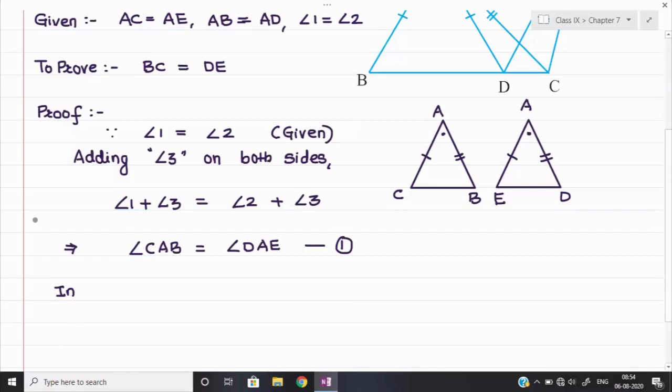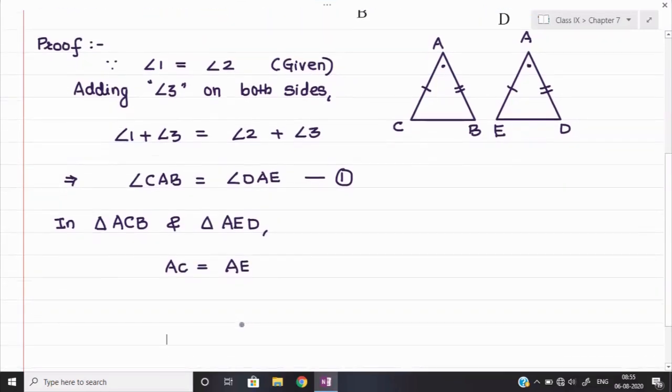So here we shall write down in triangle ACB and triangle AED. First we shall mention the two sides given equal here. First one is AC is equal to AE. Okay, and what is the second one given here?